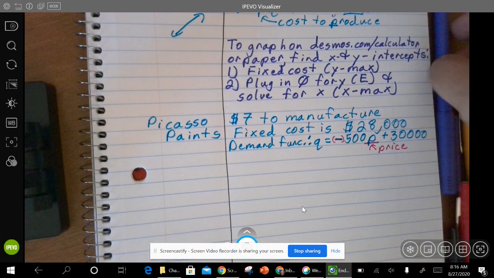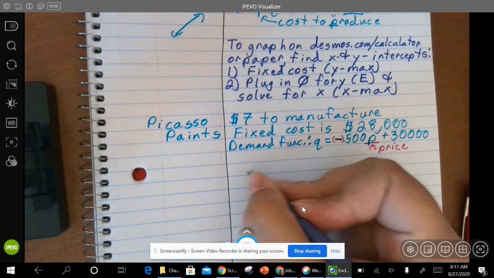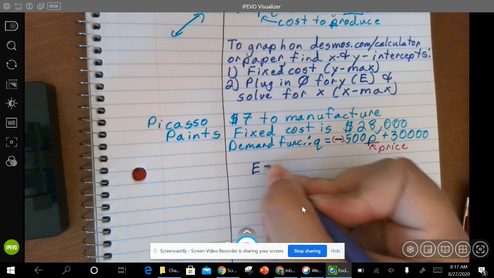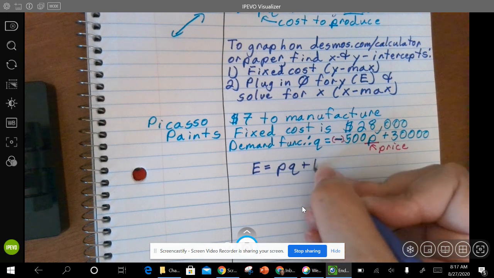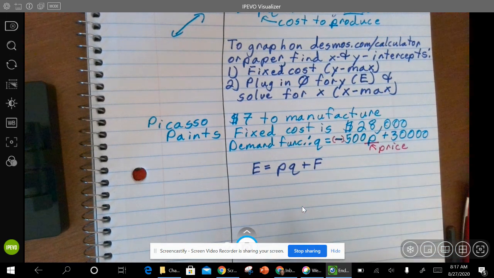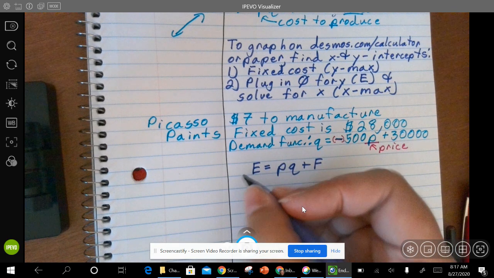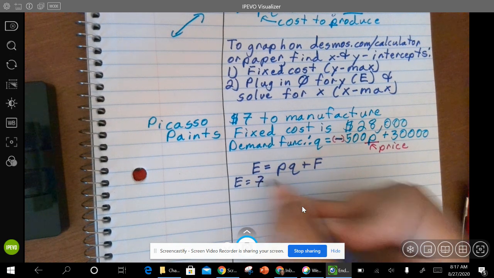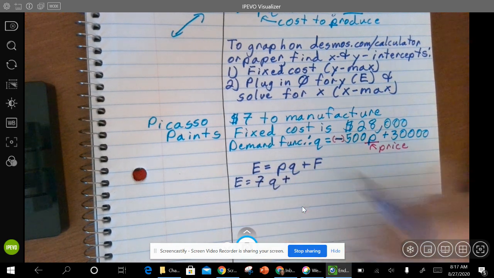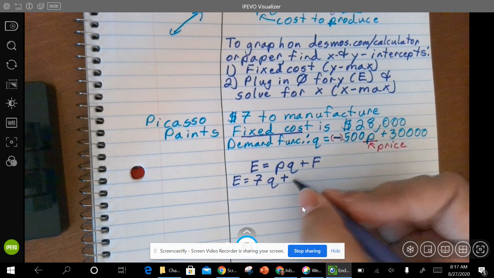We're going to have our expense equal to the cost to produce times the quantity plus the fixed cost. It costs $7 to manufacture, so that's our cost to produce. So we have 7 times the quantity, and our fixed cost is $28,000.